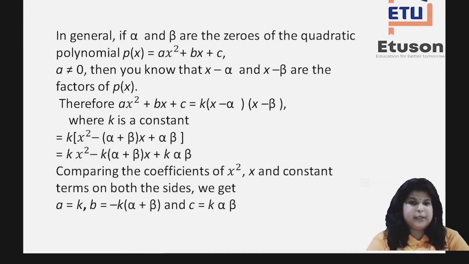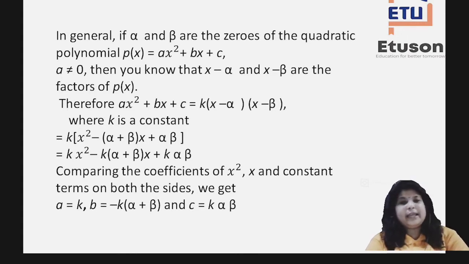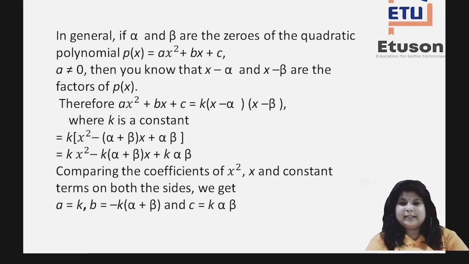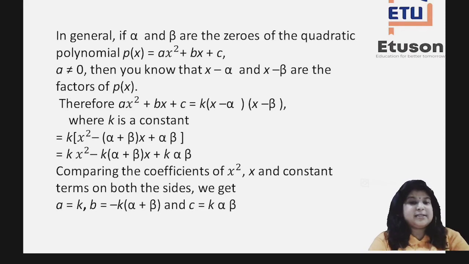So from this, what we can conclude that in general, if alpha and beta are the zeros of quadratic polynomial px is equal to ax square plus bx plus c, where a is not equal to 0, then you know that x minus alpha and x minus beta are the factors of px. Therefore, ax square plus bx plus c is equal to k into x minus alpha into x minus beta, where k is a constant.